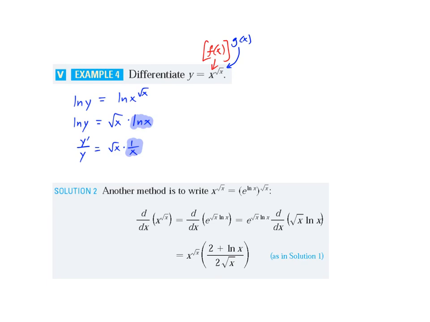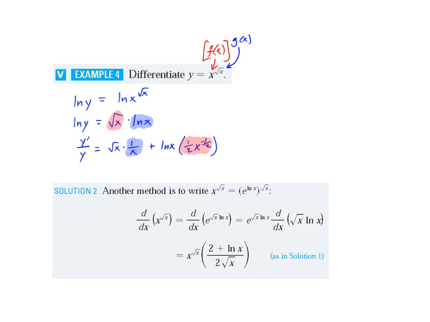And then I've got plus natural log of x times the derivative of my square root of x, which is 1/2 x to the negative 1/2. So this is my first function times the derivative of the second plus second function times the derivative of the first.